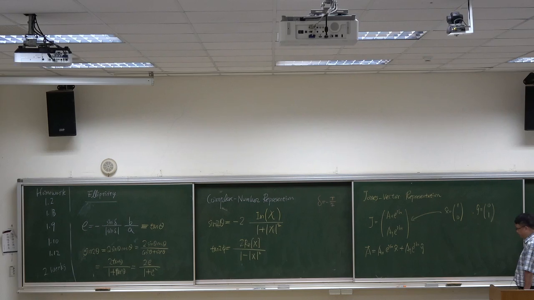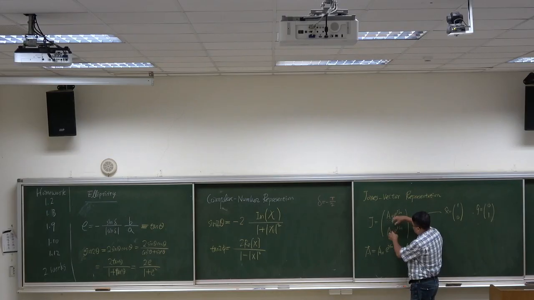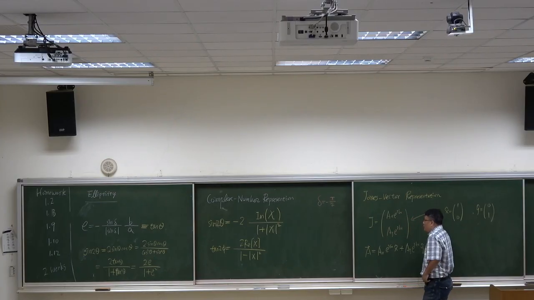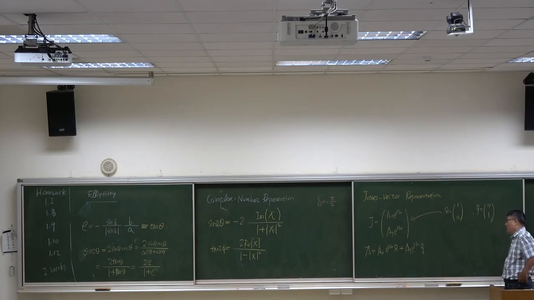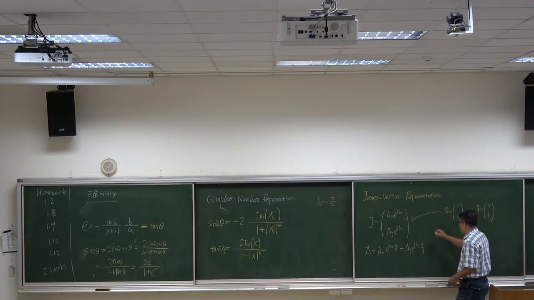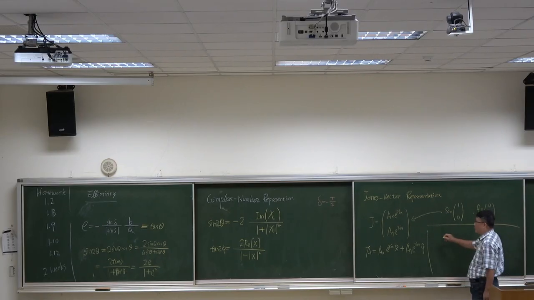But usually, we do not care about the magnitude of the Jones vector. We usually normalize it to become a unit vector in the complex vector space. Okay. This means that we can write J as square root of ax squared plus ay squared.